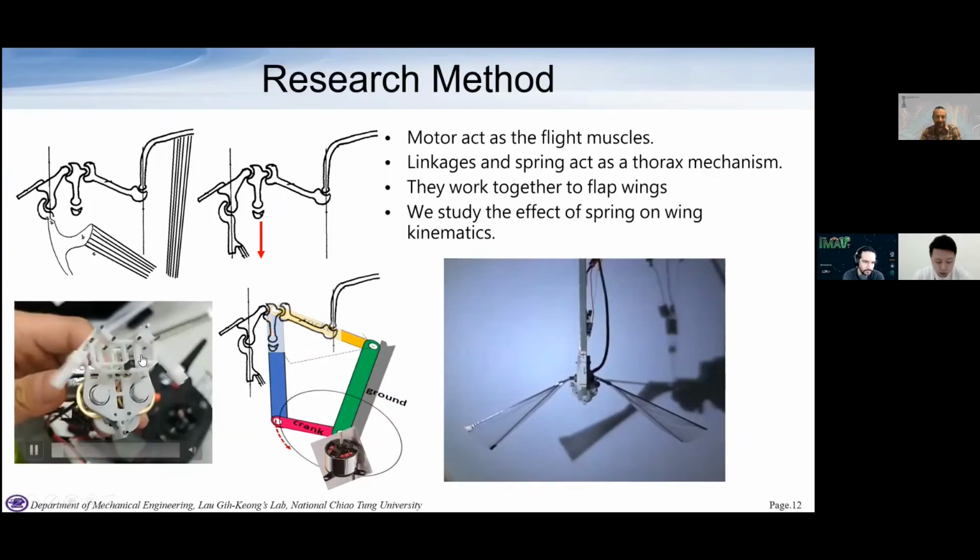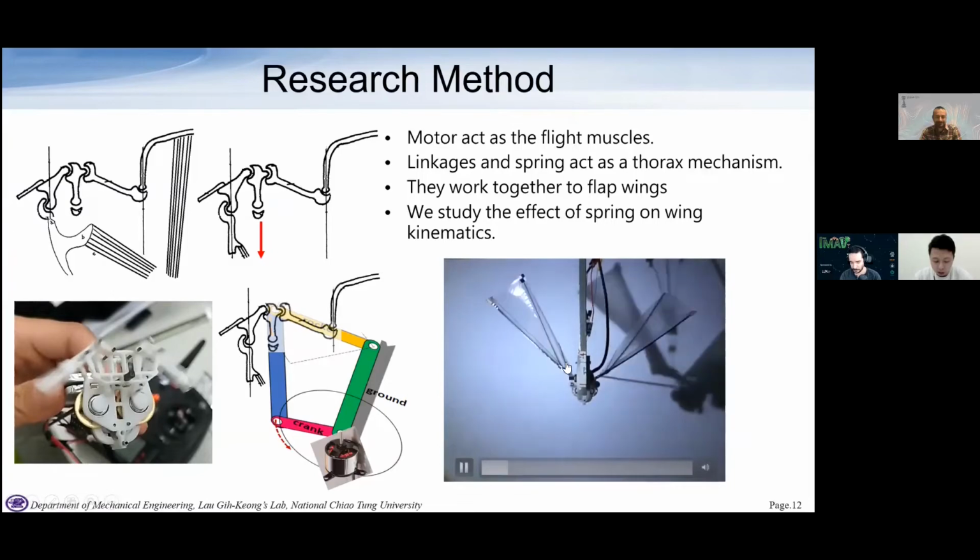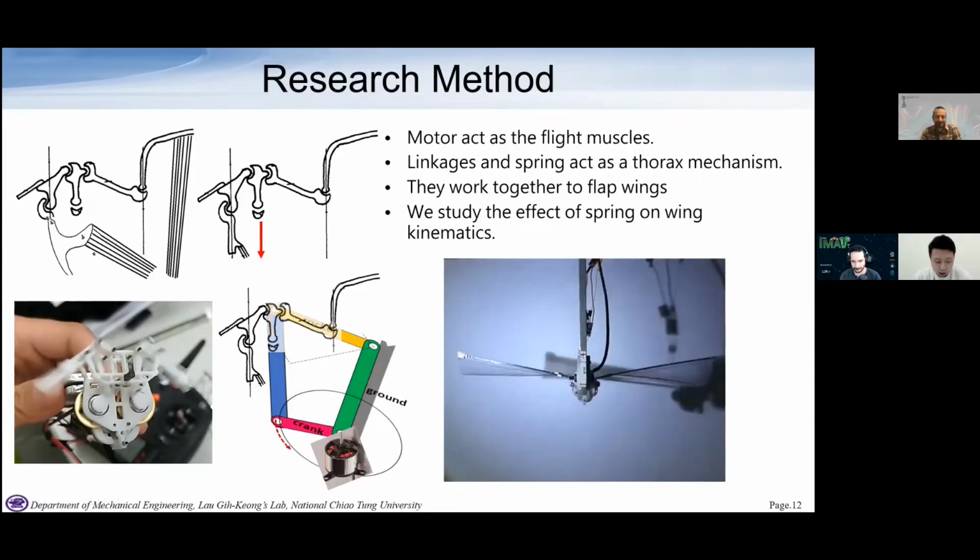This slow motion video shows the linkage system when the motor runs. Then we put the wings on, and this video shows the wings flapping. We observe the spring effect on wing kinematics.